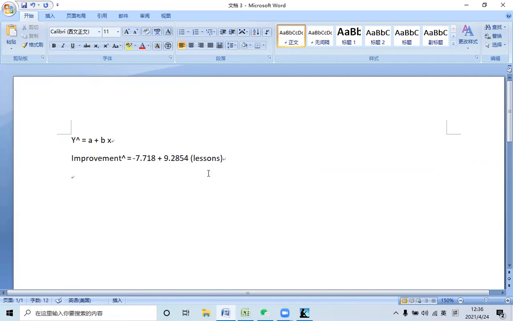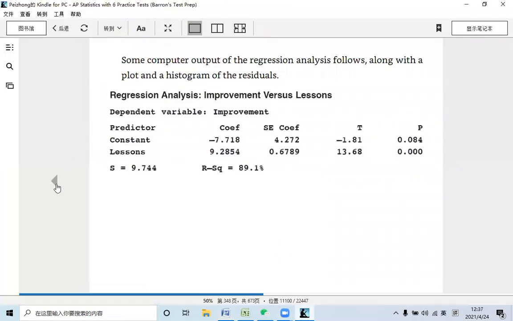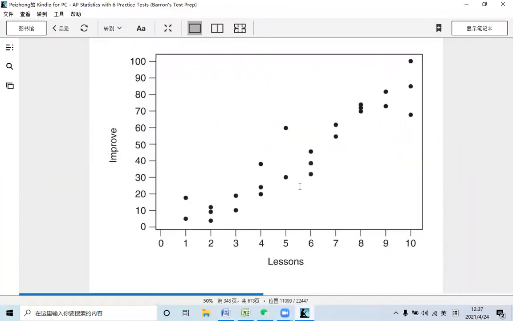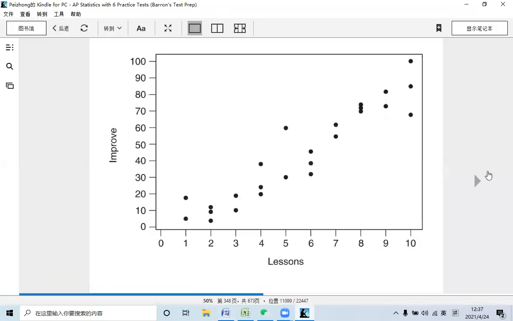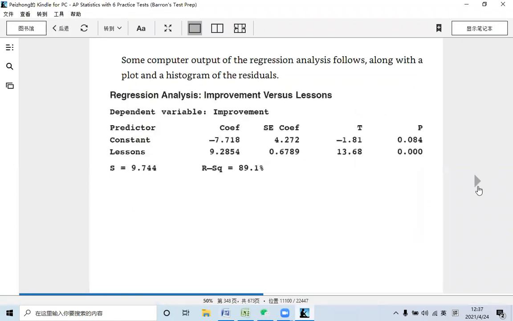So here's b. The b is a slope. If you look at it, the slope is pretty steep. As the number of lessons increases, the improvement increases too, and in a pretty rapid slope. So that's the regression formula you get.